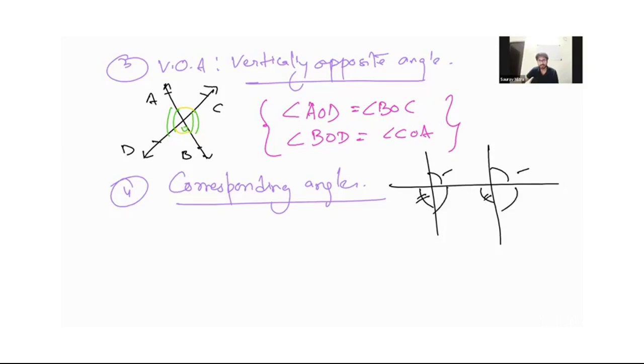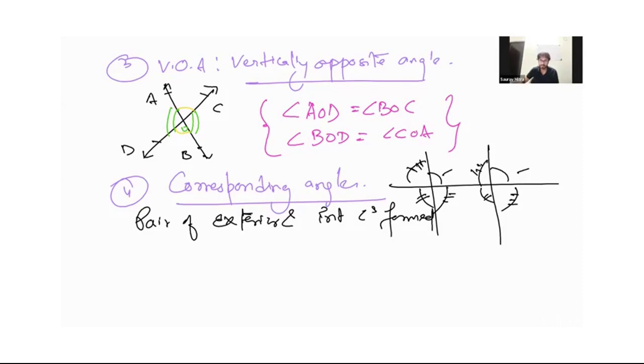This will correspond to this, and this will correspond to this one. It is a pair of exterior and interior angles formed when a transversal intersects two lines.